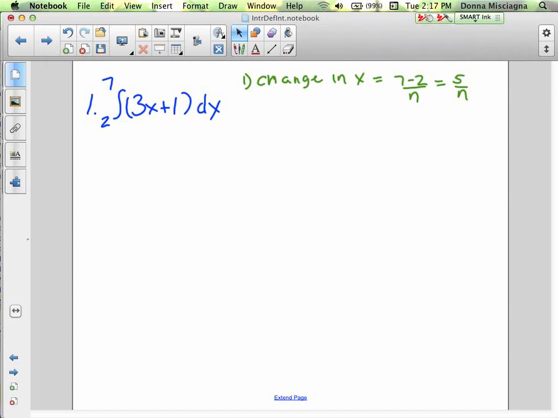All right, now we want to find our first x value.